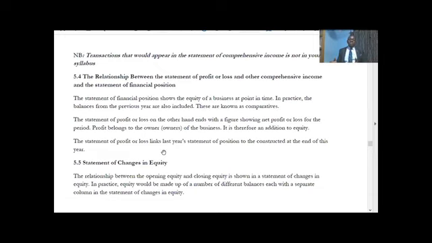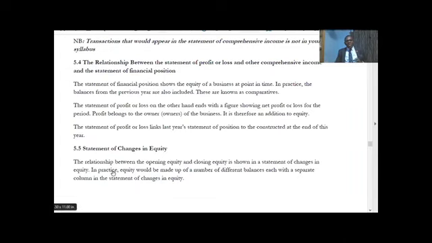So what it means is that, assuming I prepare financial statements for 2018, the profit or loss that I made in 2018 becomes an opening balance in 2019. Do you get me? And the current year's profit or loss is added on. Great.